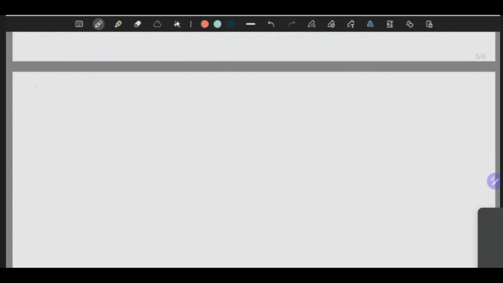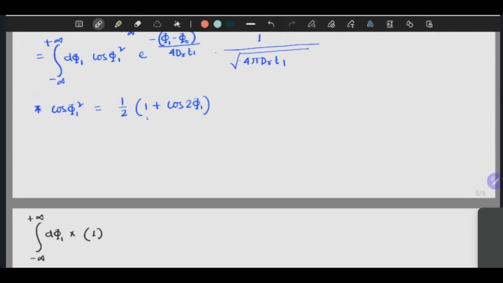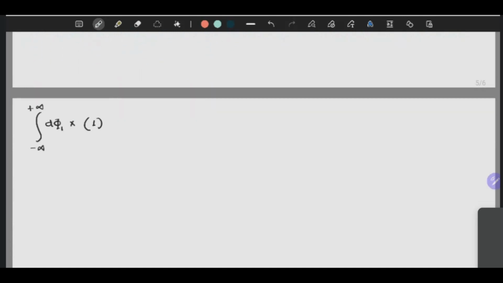For 1, it becomes the integral from minus infinity to plus infinity dφ1 times there was 1. I will take the half outside, we will multiply it later. Times e to the power minus (φ1 minus φ naught) whole square divided by 4Dr t1, into 1 by root over 4πDr t1.